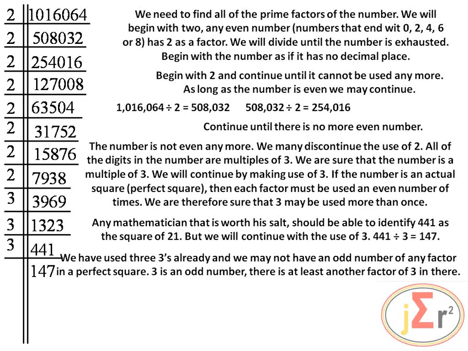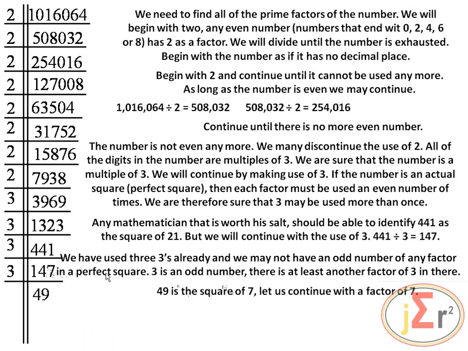There is at least another factor of 3 in there. Because we have 1, 2, 3, an odd number, and in a perfect square we cannot have an odd number of any factor, we know that we need another 3. 3 into 14, 4 times, and we bring 2. 3 into 27 is 9.